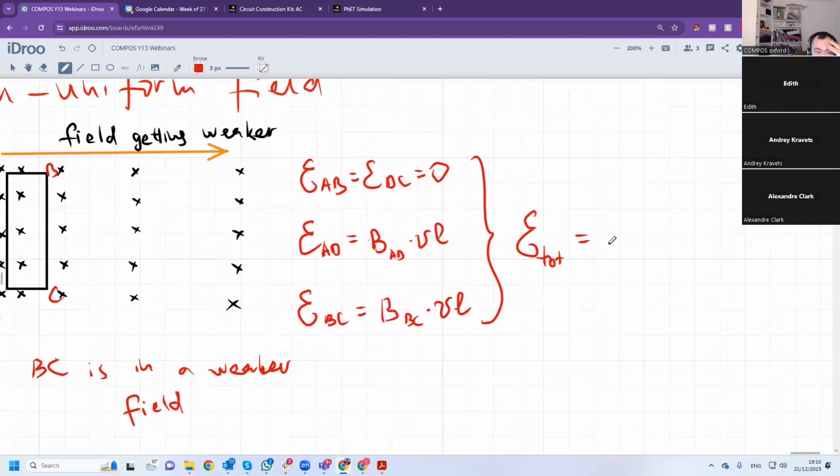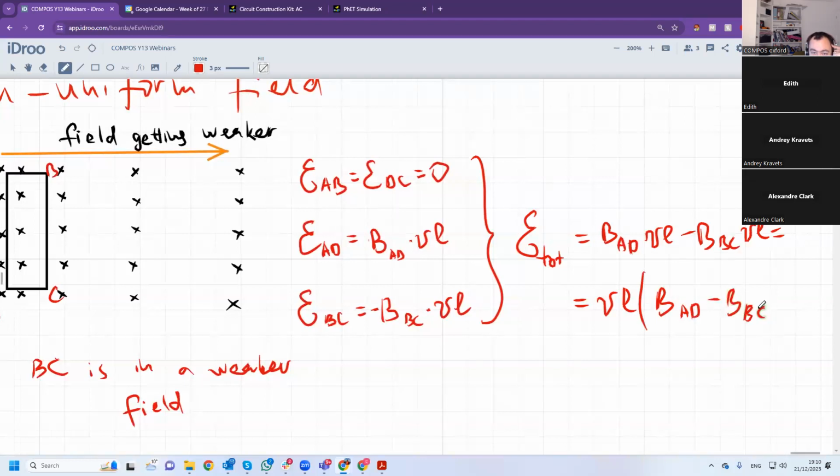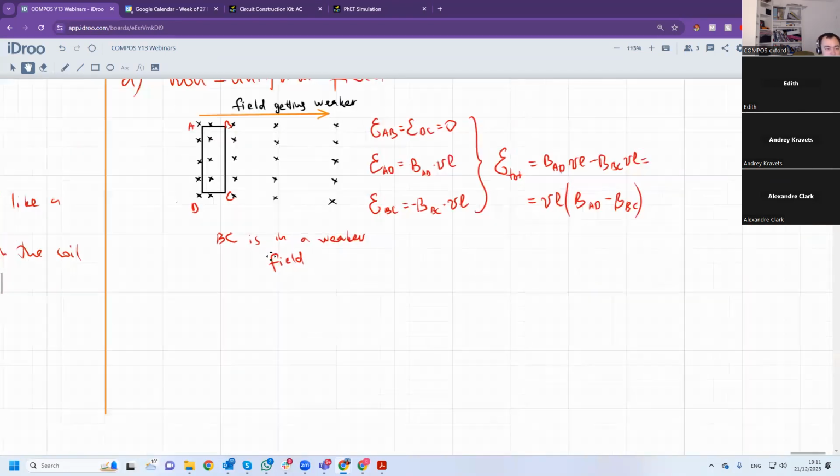And the total EMF is going to be BAD VL minus BBC VL, minus because they are in the opposite direction. That is VL multiplied by the difference of the magnetic fields at the two regions, or simply delta B. So a current is induced.